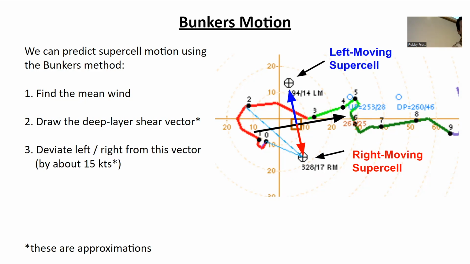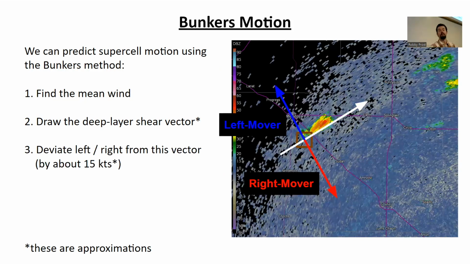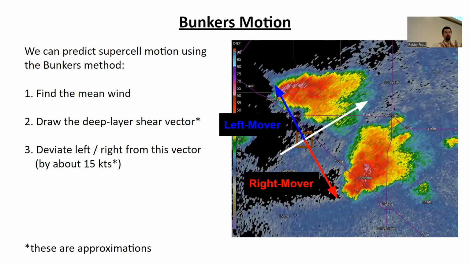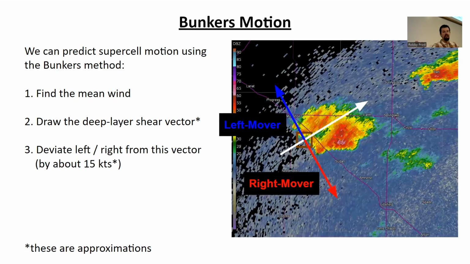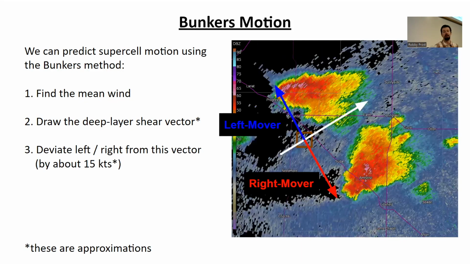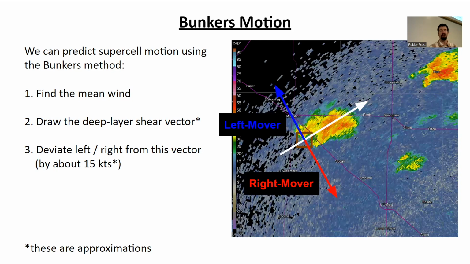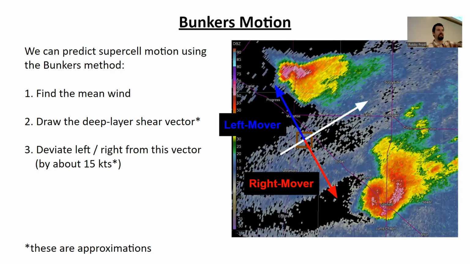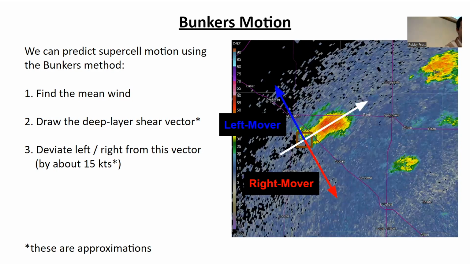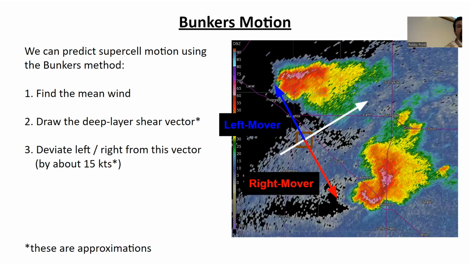The original formula has it in meters per second so that it's a lot more specific, but we're doing that translation for you here. So what we end up with is our bulk shear vector, and then we're deviating from that by about 15 knots. In this case, the mean wind is probably near stationary, because you can see both of these supercells emanating from the origin of the hodograph there.